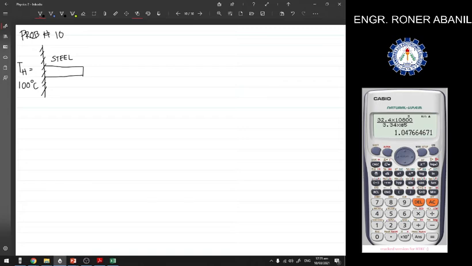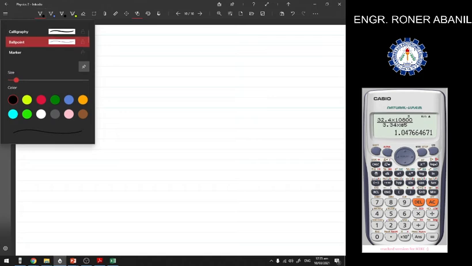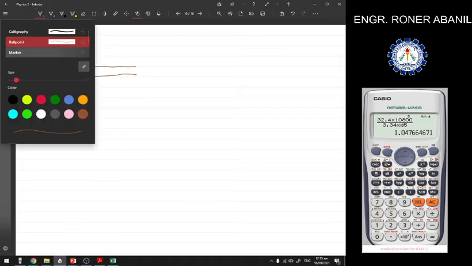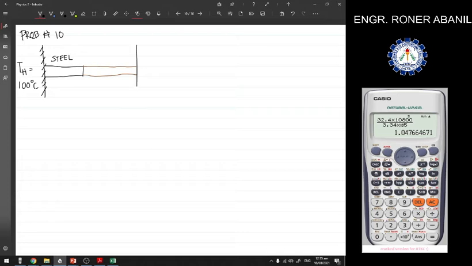Ngayon, baguhin natin yung kulay para kay copper. So, ito naman ngayon si copper. Nakakonect din siya sa isang wall. So, yung wall naman ni copper is yung cold side na 0 degrees Celsius.